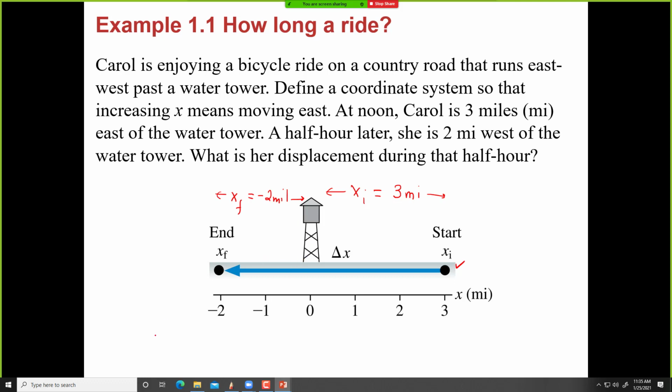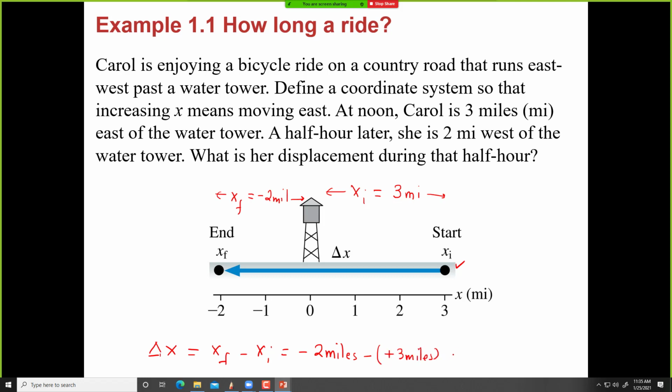We are asked to find delta x, the displacement. Delta x is x final minus x initial. X final is negative 2 miles, and x initial is plus 3 miles.